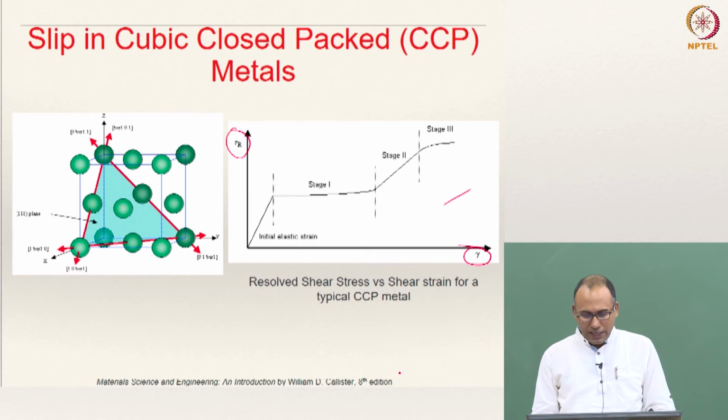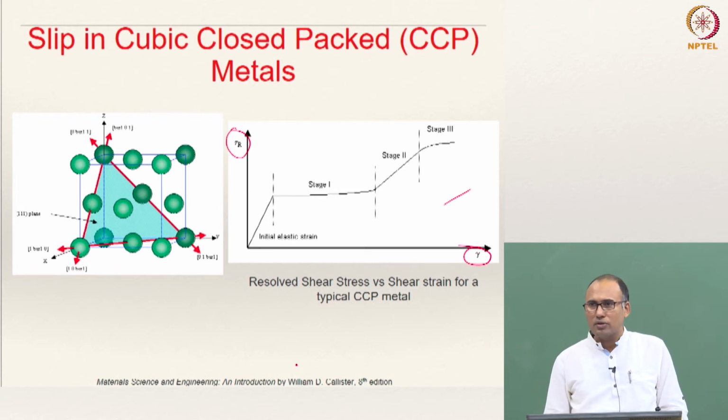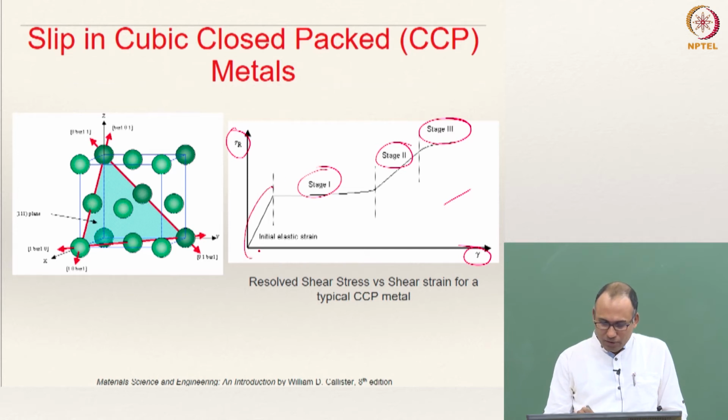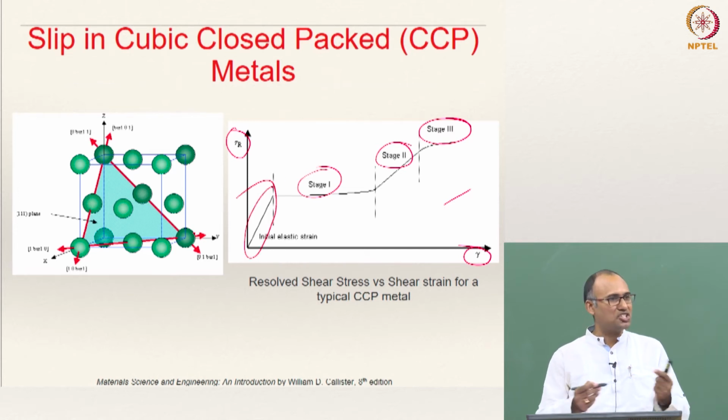Okay, all right. So in a single crystal material, you have basically 3 stages of plastic deformation: stage 1, stage 2, stage 3, preceded by the initial elastic deformation.